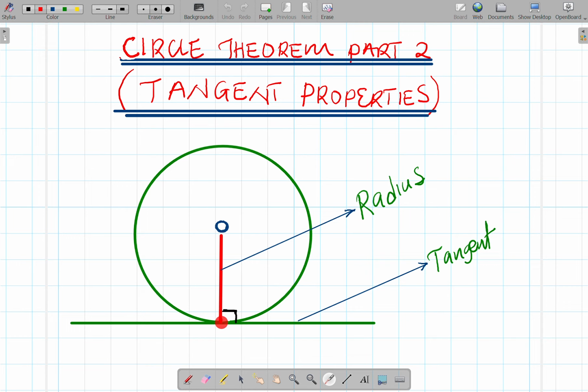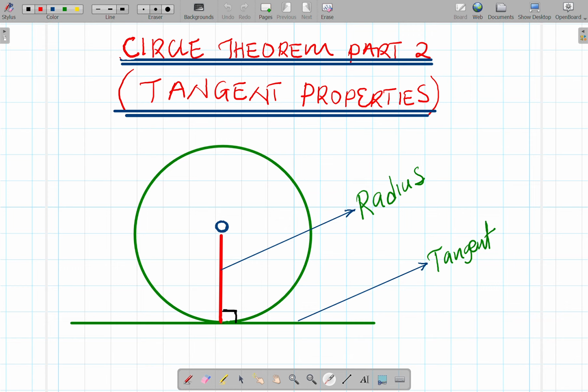Any line that touches a circle at a single point like this is qualified to be called a tangent. Now take note, at that point where the tangent touches the circle, there's a line that goes to the center of the circle. This line is called the radius.